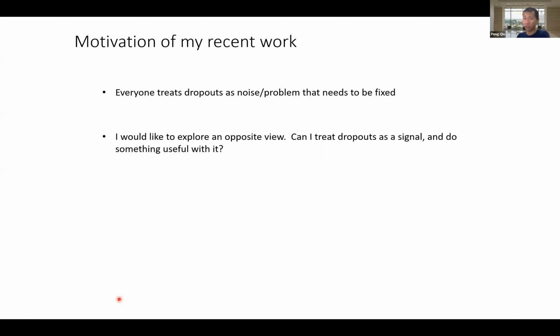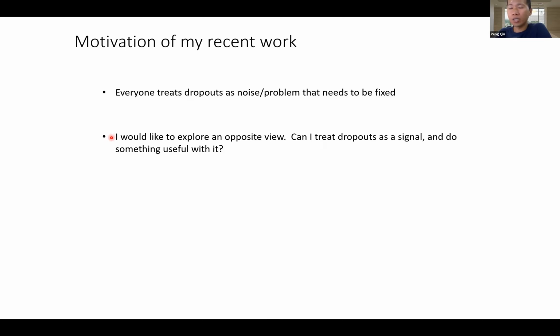All right, so far what I have presented is various strategies to address dropouts, or address the sparsity. Because of the high sparsity in single-cell RNA-seq data, it is pretty natural to treat this sparsity as a challenge of the analysis, and hence a problem to be fixed.